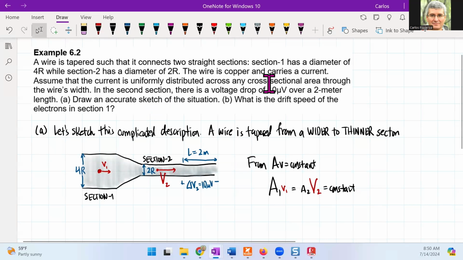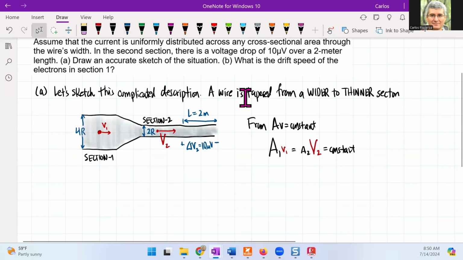Now, another thing is that we're dealing with copper. So we're going to need to Google some constants here. Okay.